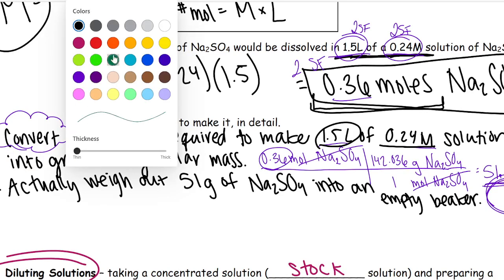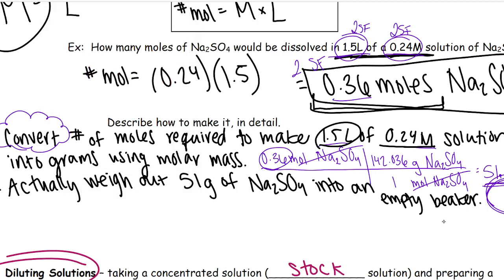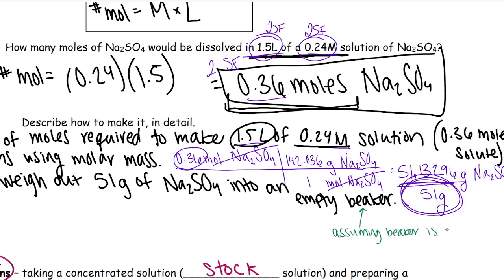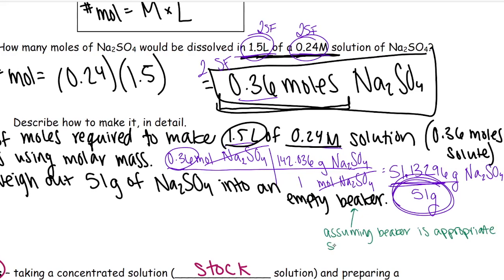Side note is that I know that I put a lot of emphasis on we don't measure in beakers because the beakers that we have available to us are not accurate as far as their markings for measurement, and they're all relatively small. So assuming that A, the beaker is large enough, so is appropriate size, and has accurate markings.